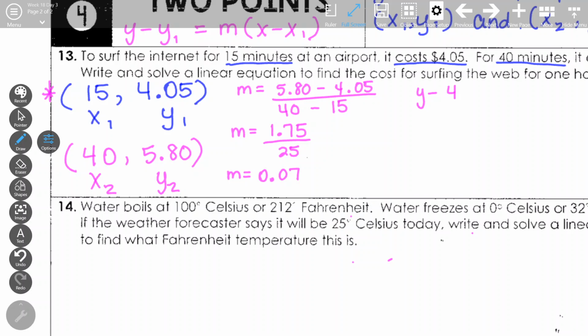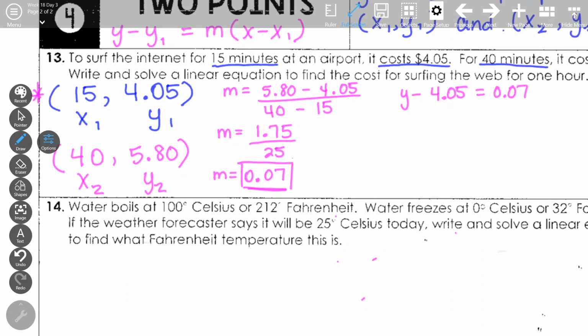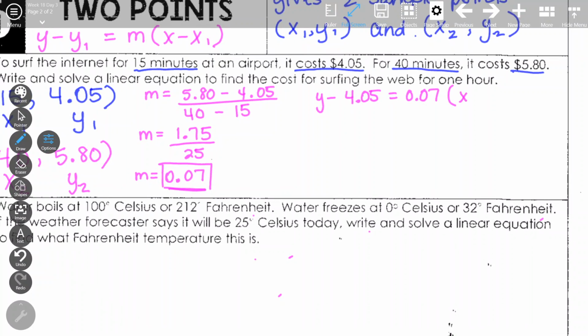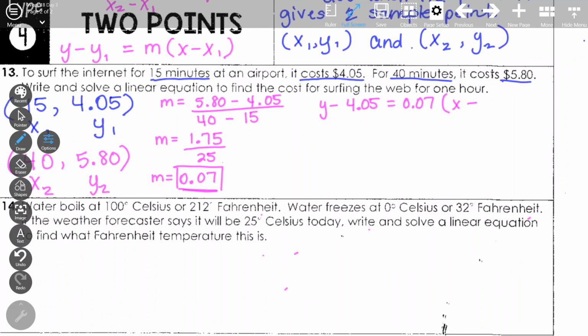Well, our y sub 1 is 4.05 equals, what's our slope? We just found it right here. Our slope is 0.07. And then we have to multiply that times x minus, and our x sub 1 in this point is 15.